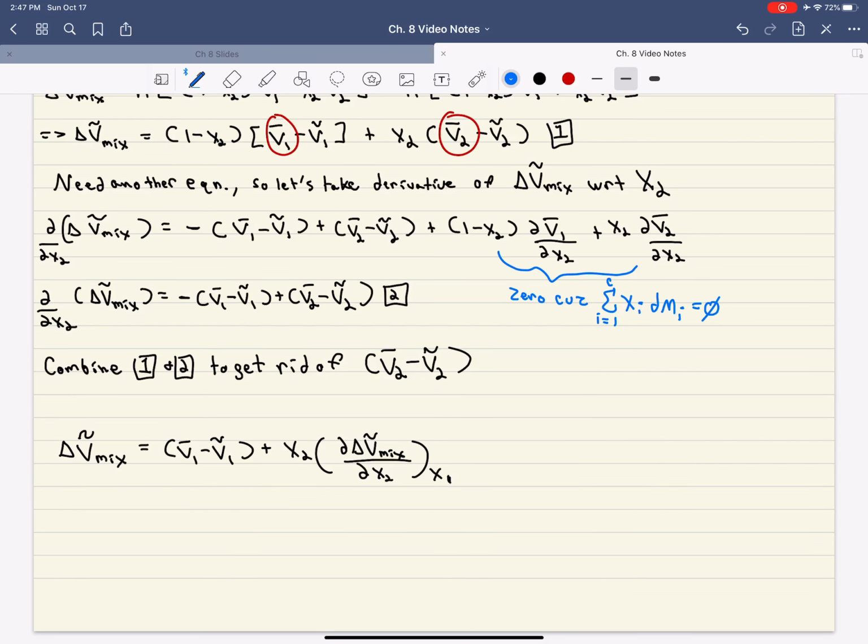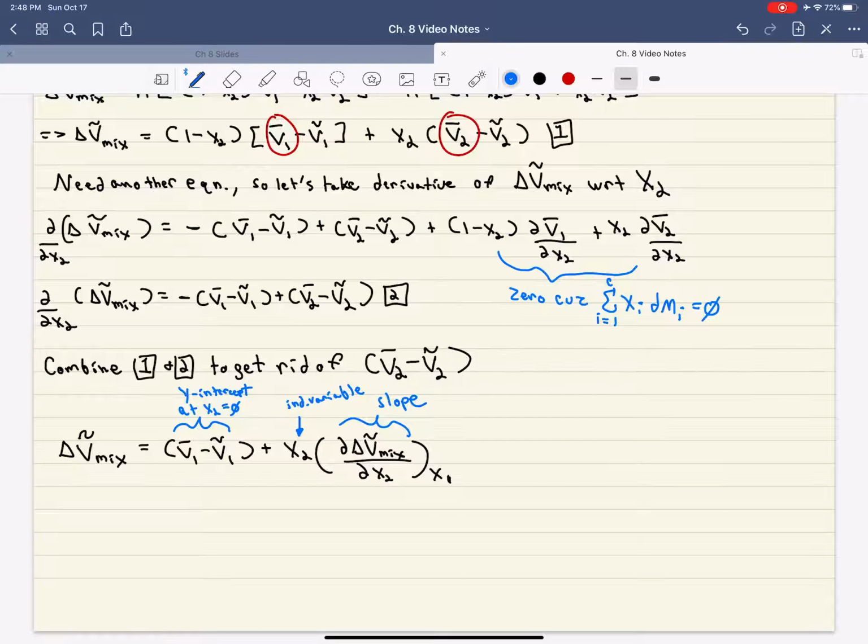Or a slope equation. So this is the independent variable. And then this derivative describes a slope. And this thing here describes an intercept, the y-intercept at x2 equal to 0.